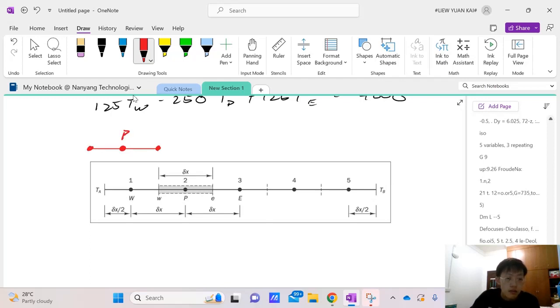In the middle we have P. To the right we have east. To the left we have west.